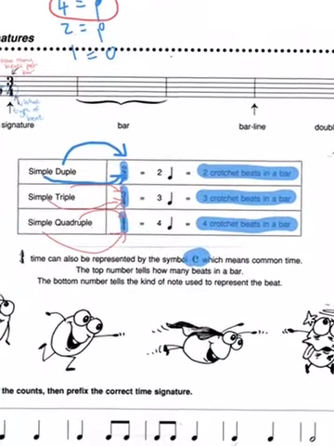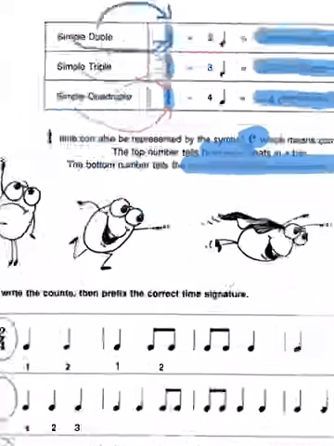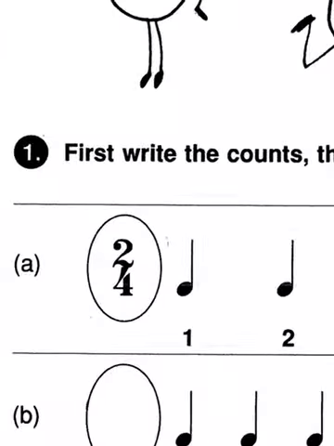The top number tells us how many beats in a bar, and the bottom number tells us the kind of note used to represent the beat. So a question I'll often ask is, please describe, say, this time signature in words, and your answer would be there are 2 crotchet beats per bar.